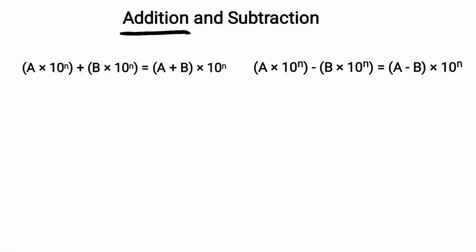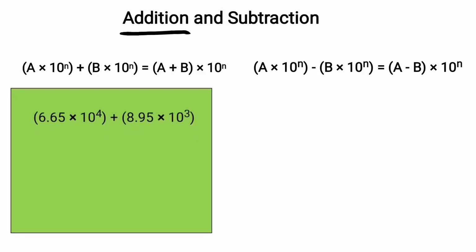Let us take an example for addition. That is 6.65 into 10 raised to the power 4 plus 8.95 into 10 raised to the power 3. In this equation, one exponent is 4 while the other exponent is 3, which means that they are not the same.